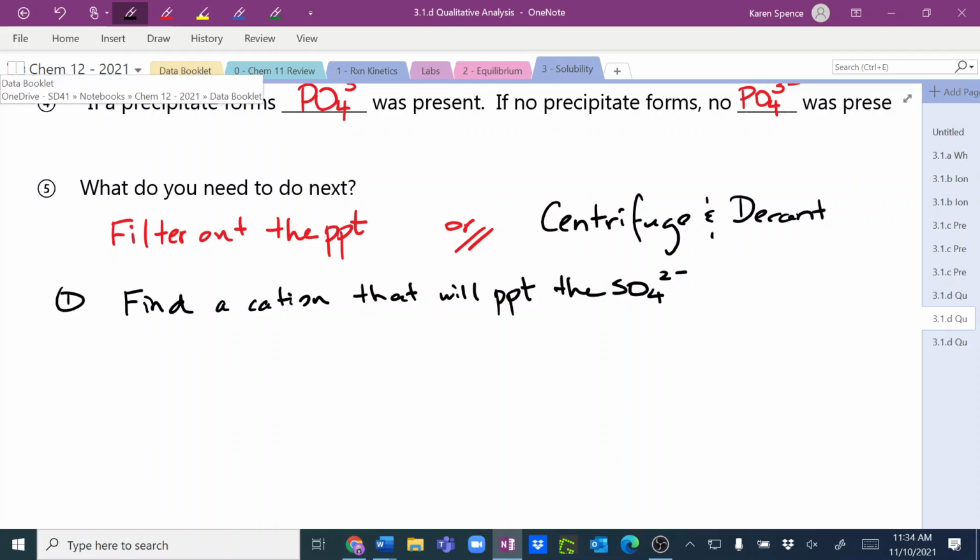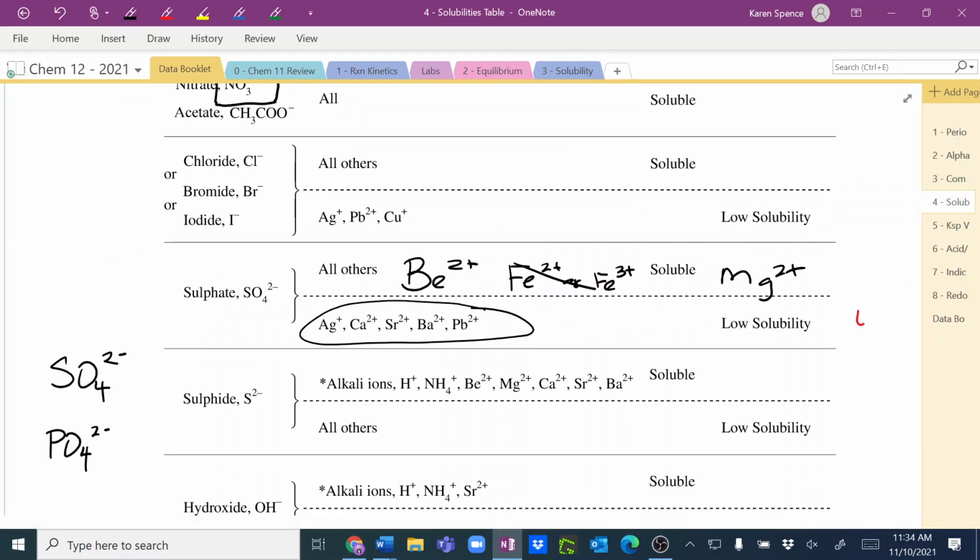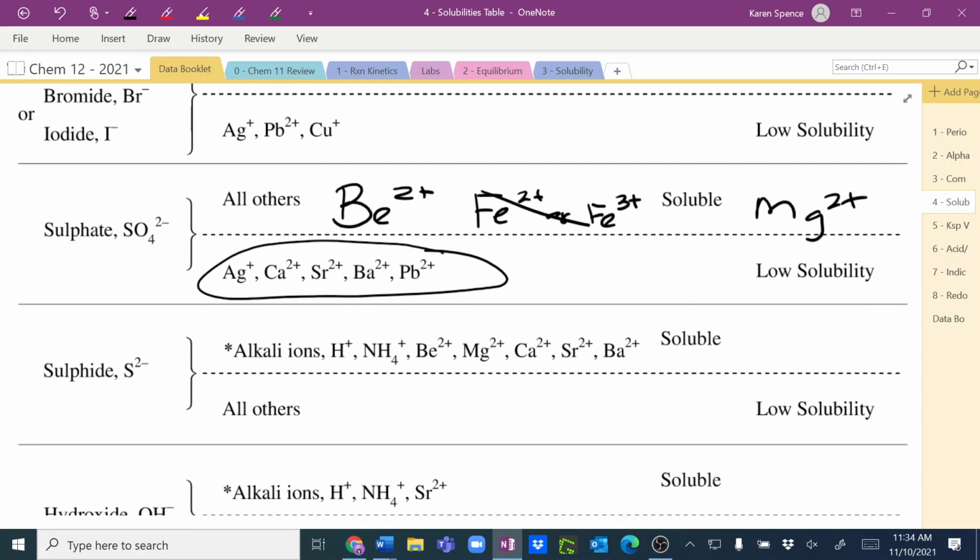Did you guys find an ion that would precipitate out sulfate? Thousands of choices, yes? Oh no, not thousands, only how many choices? 5. We could use which ones? Ag, Ca, strontium, barium, or lead. Which one would you guys like to choose today? Calcium.